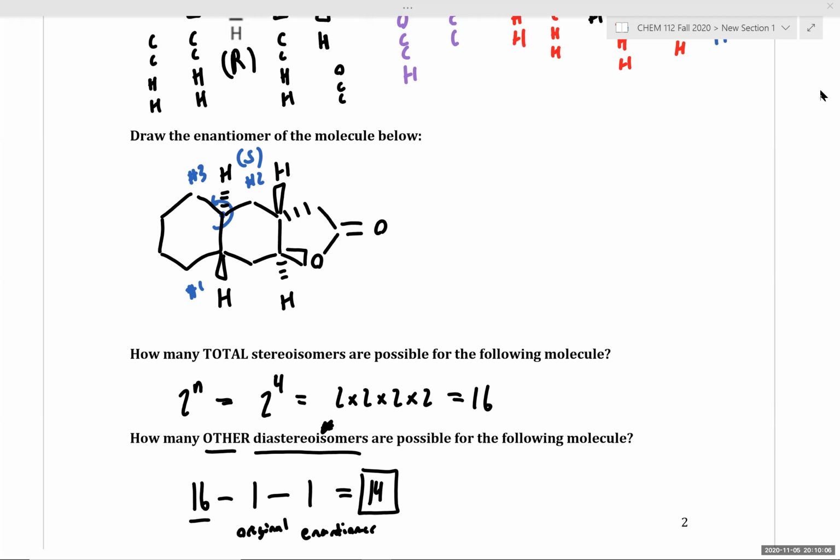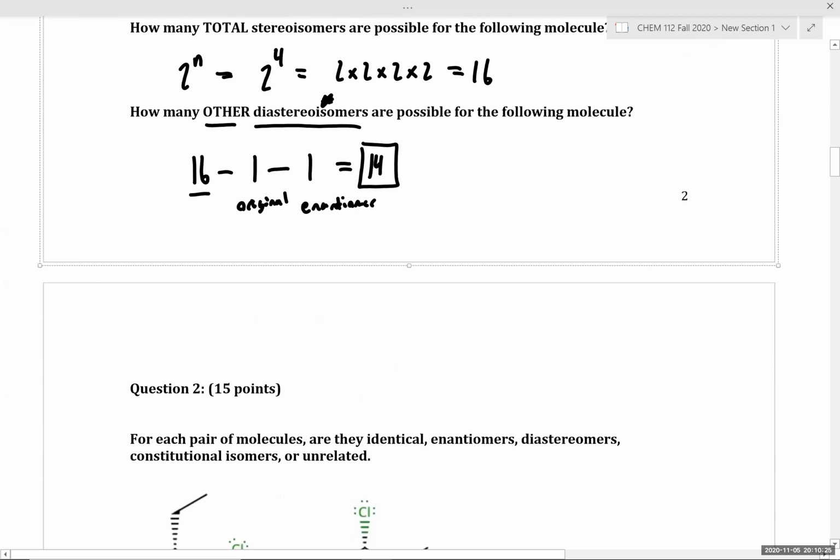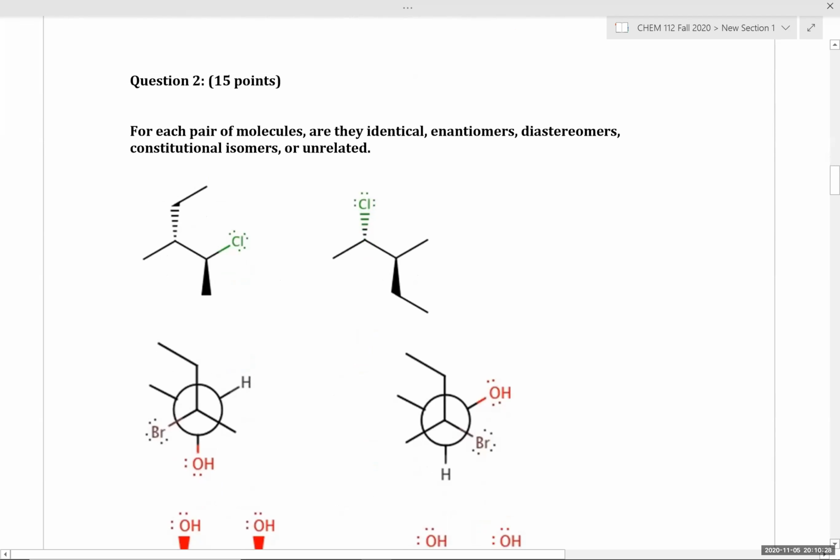Perfect, perfect. Any other questions on this example? Okay, so let's keep going now. This is where we're going to need our model kits.